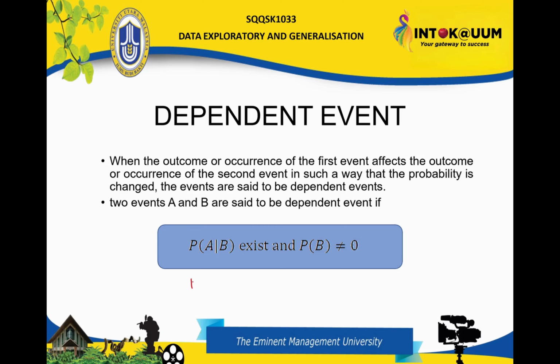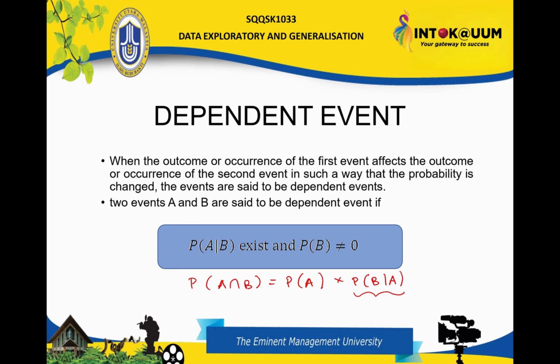Or it can also be found by using this formula, where this probability means the probability of B given that A has already occurred.